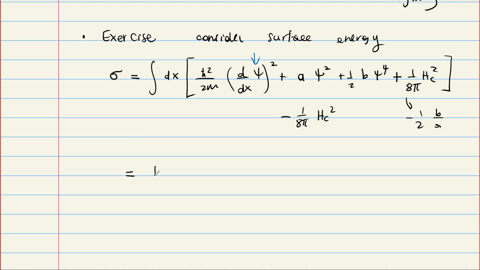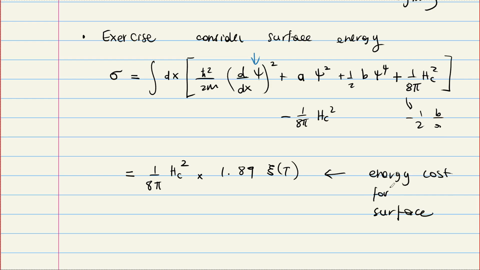Well, I found 1/8 pi Hc squared times 1.89 psi of t. So this is the energy cost for the surface. Good. Any questions? Maybe we can take a 5-10 minute break and continue.